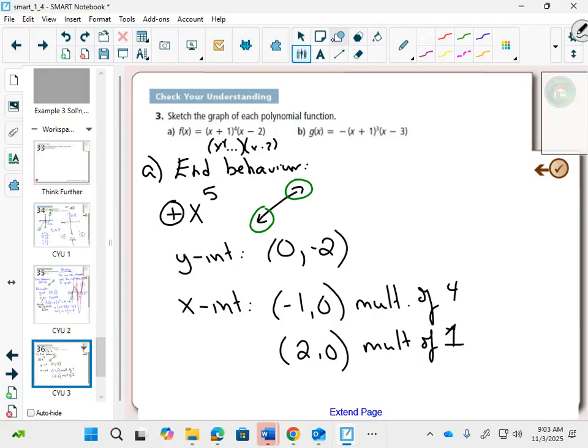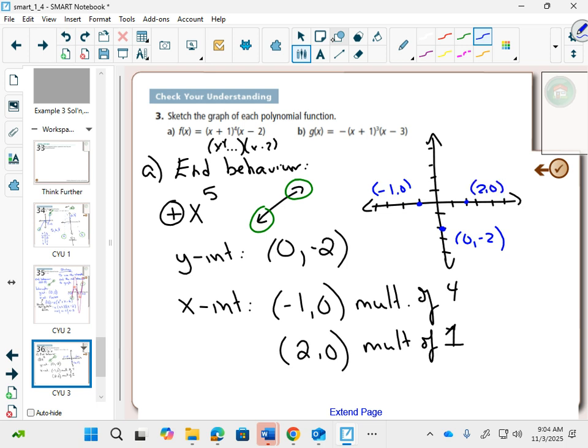So when I go to graph part A, I can label my y-intercept 0, negative 2. I can label my two x-intercepts negative 1, 0, and 2, 0. I know that my end behavior has to start down here and end up there.